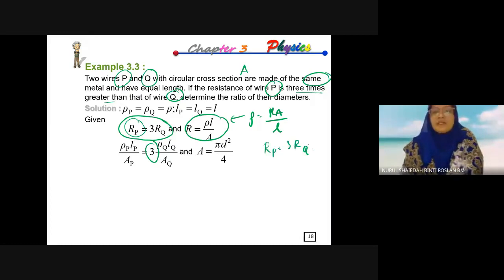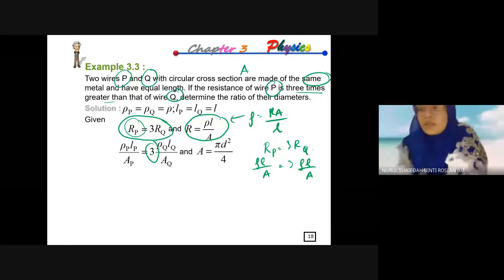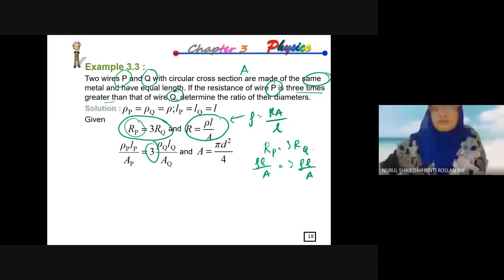So dia rearrange, you akan dapat rho L over A sama dengan 3 rho L over A. Cuma masalahnya ini adalah P, ini adalah Q. Itu je beza dia.